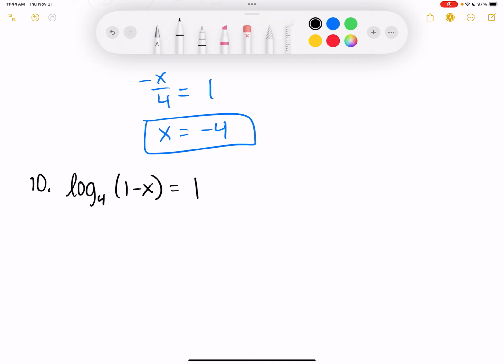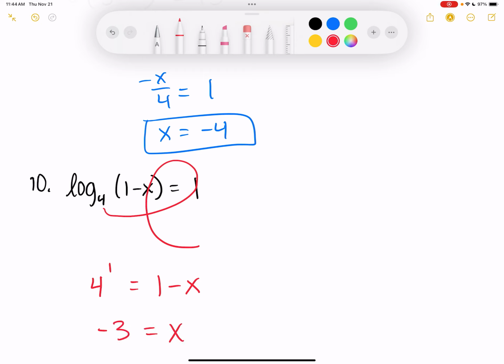So to undo a log, we use an exponential. We start here at the base and we loop around. So this is 4 raised to the 1 equals 1 minus x. So 4 minus 1 is 3. Divide by negative 1. So negative 3 equals x.